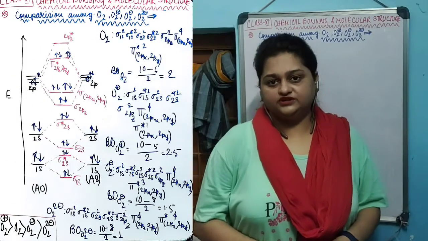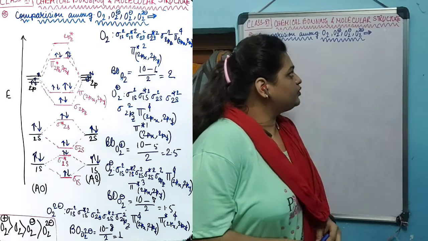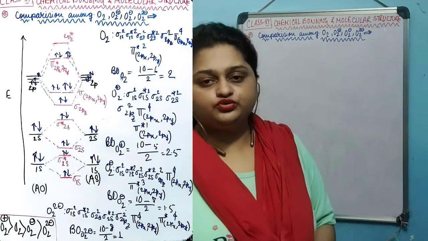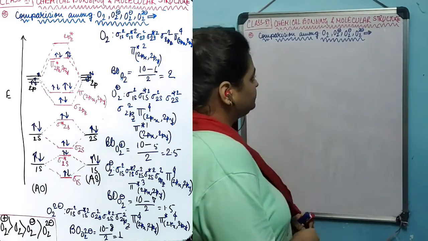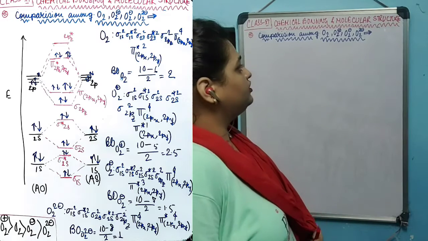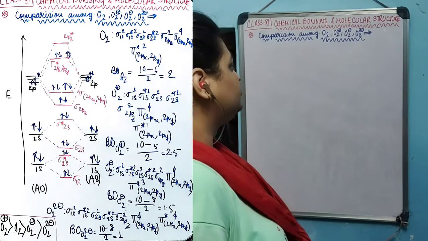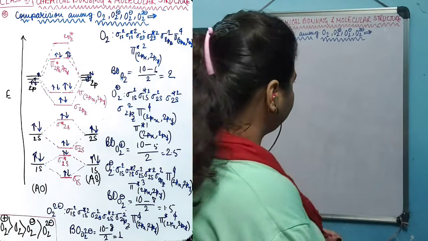Now we are going to compare the energy level diagram of O2, O2 plus, O2 minus and O2 2 minus species. Let's try to construct the energy level diagram first. Similarly, all of these atomic diagrams will contain 1s, 2s and 3 degenerate 2p orbitals.